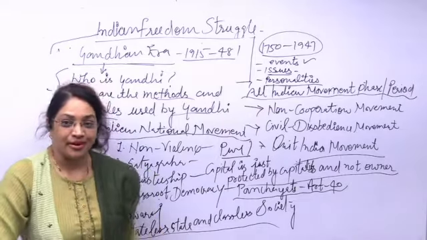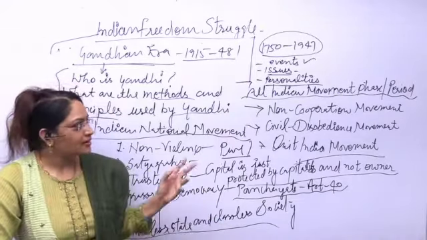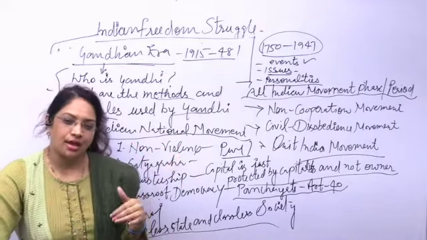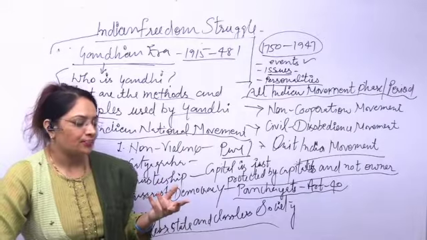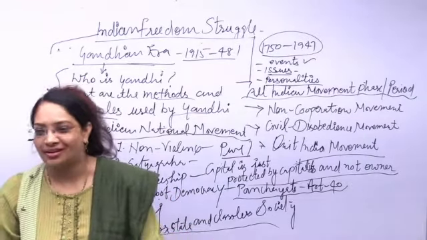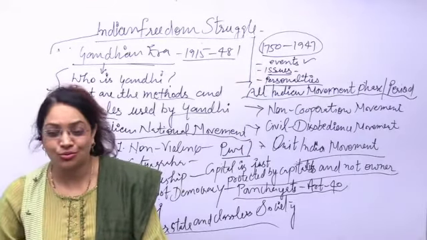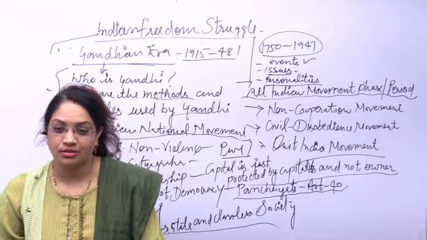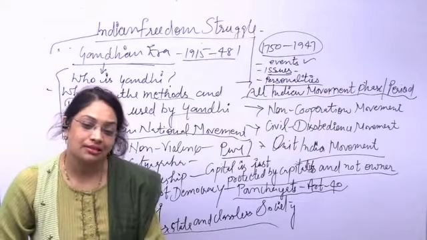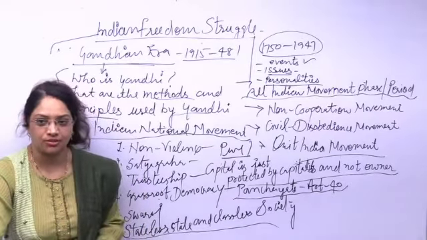Why? Because if Gandhiji was not there, then there were so many violent events. Today I might teach you about the Jallianwala massacre in Indian history. There were so many Jallianwala-like violent events in the Indian freedom struggle. So it was Gandhi's leadership that showed us the path of non-violence, right?